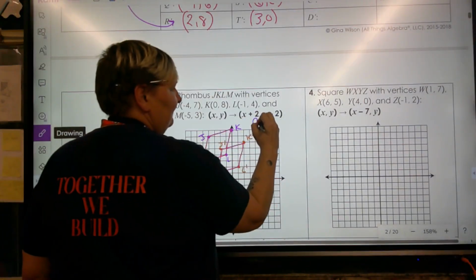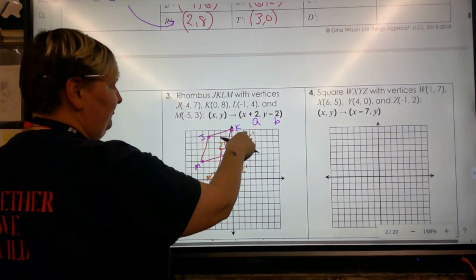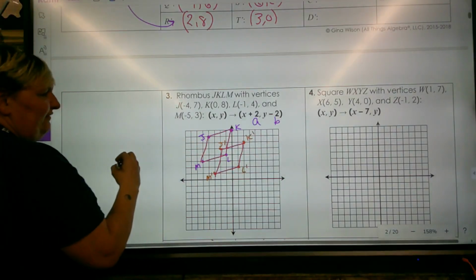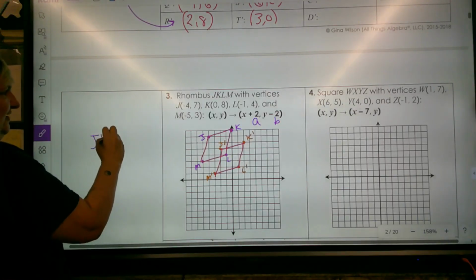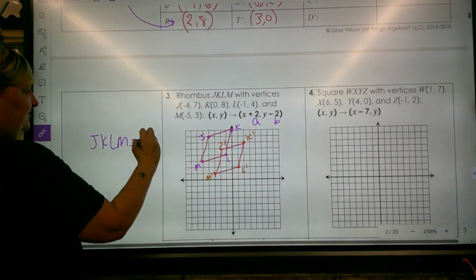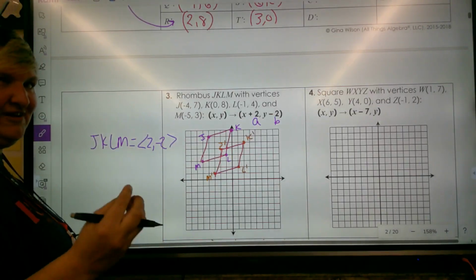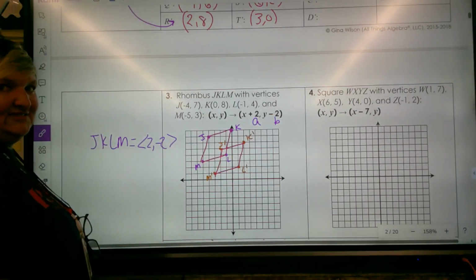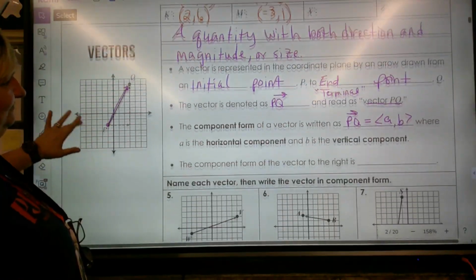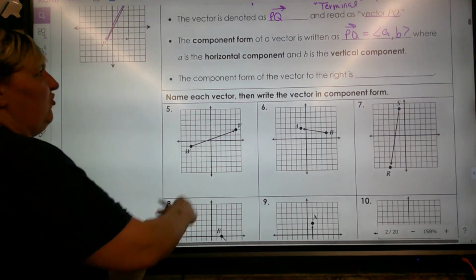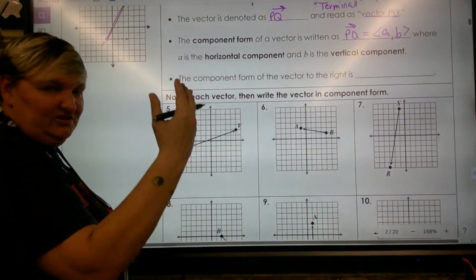So if I wanted to put this in component form, my vectors for J, K, L, and M would be 2 and negative 2. And you put the arrows just to remind yourself that it's a vector. Arrows like rays, right? A, B. All right, A is your horizontal component, it's your change in X, and B is your vertical component, your change in Y.